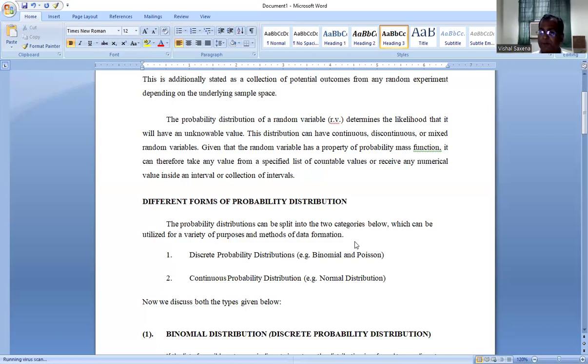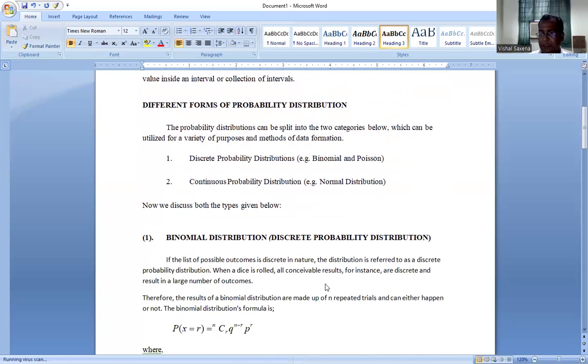In a continuous probability distribution, the random variable takes an infinite number of values.